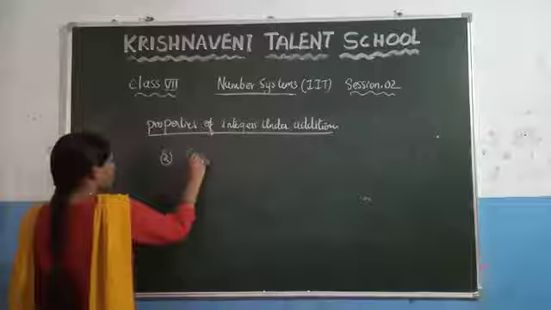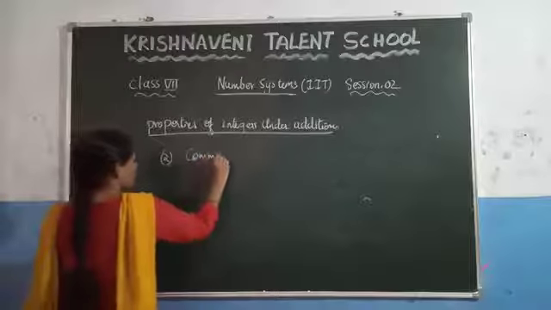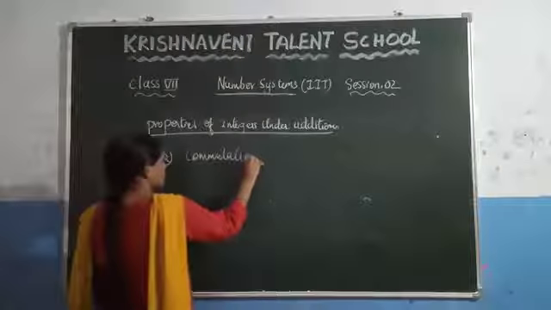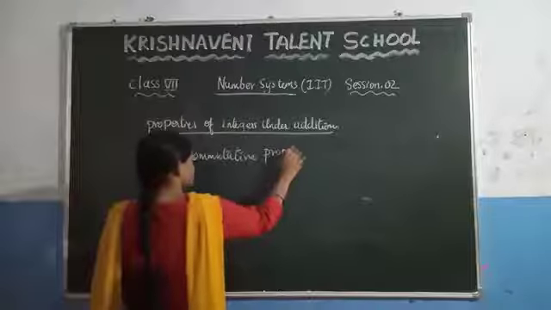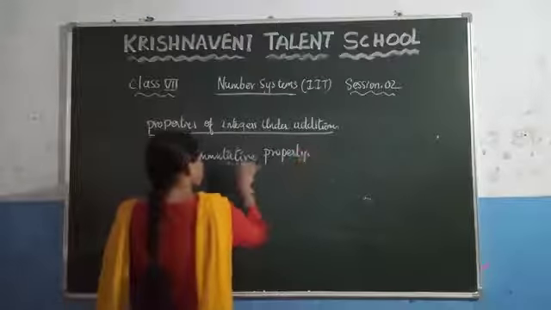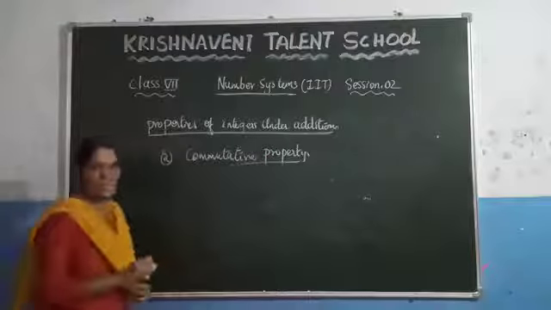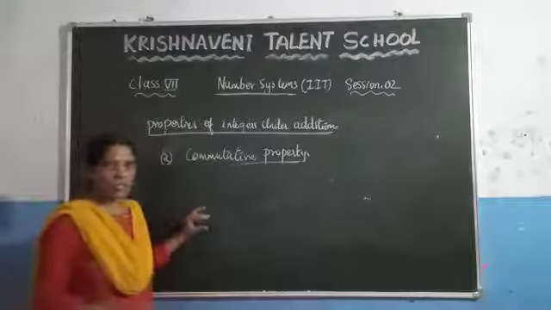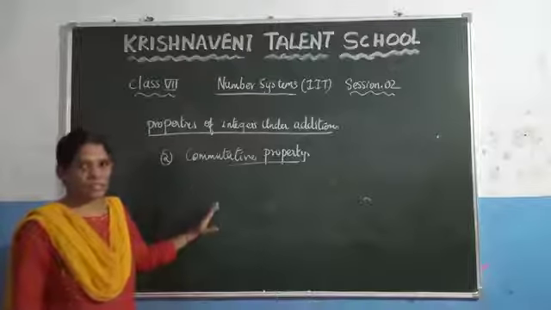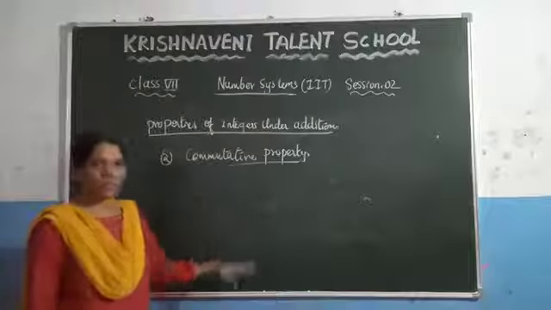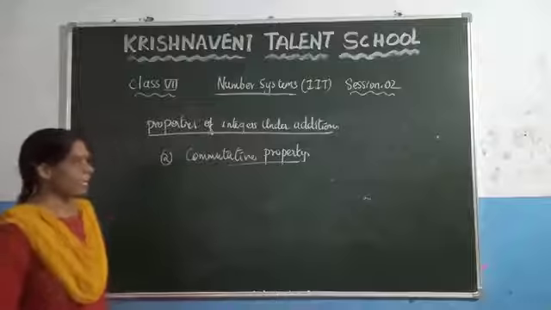The second property is the commutative property. What the commutative property says is, consider two numbers, and if you change the order you get the same result. Then we can say that the commutative property holds good under addition of integers.